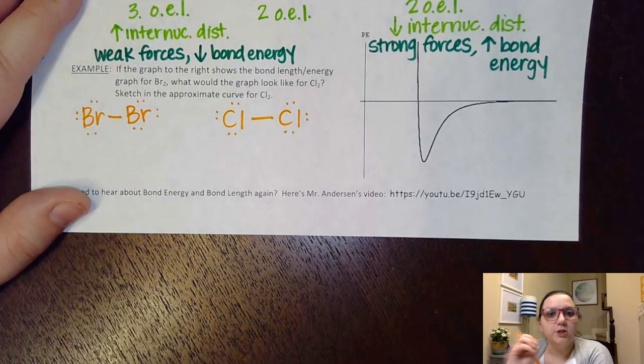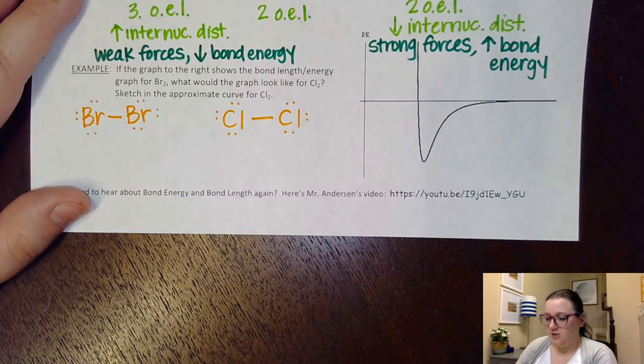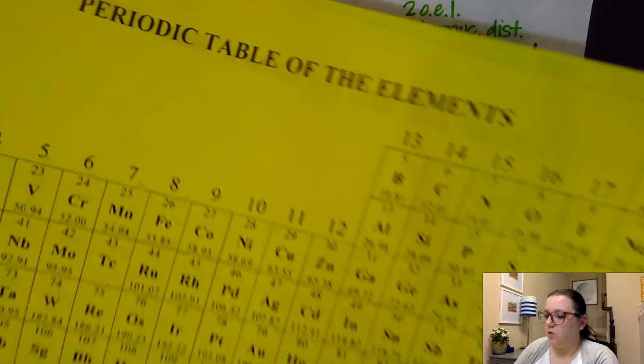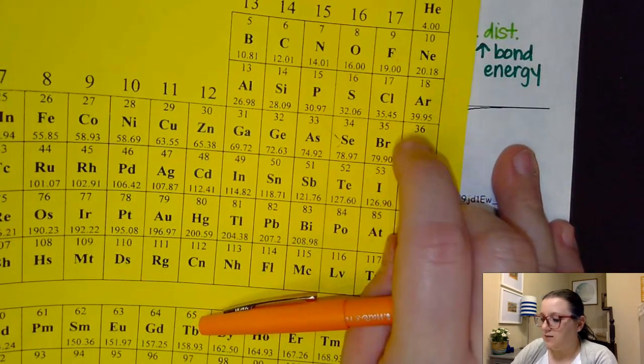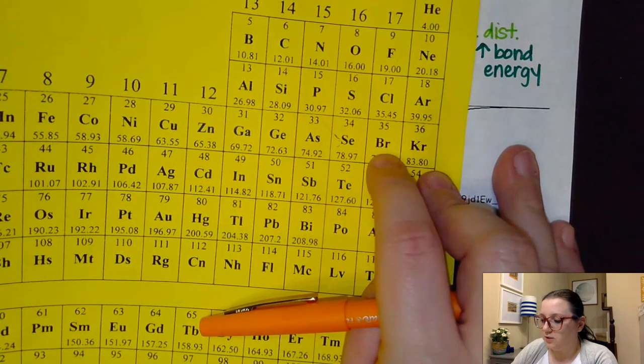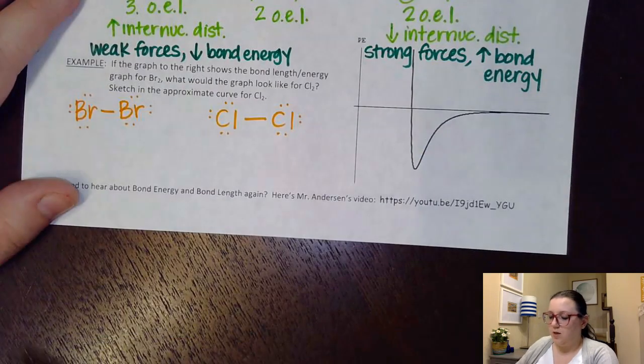So here's the deal. Shared electrons are equal for both of these. So yet again, guess what I want to look at? I need to look at that internuclear distance, which means I need to evaluate my occupied energy levels here. So I'm going to go to bromine and chlorine on my periodic table. And again, I see that bromine has more occupied energy levels than chlorine does.